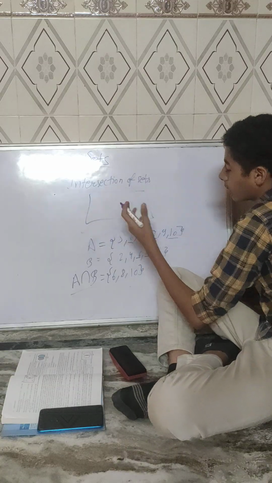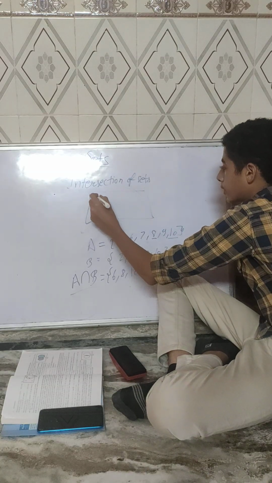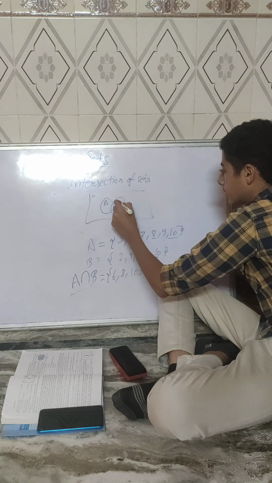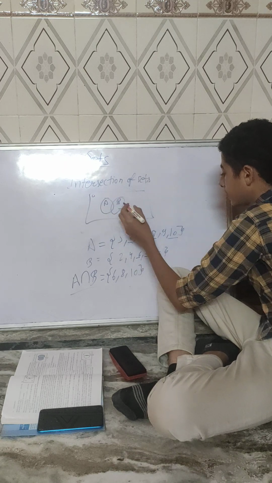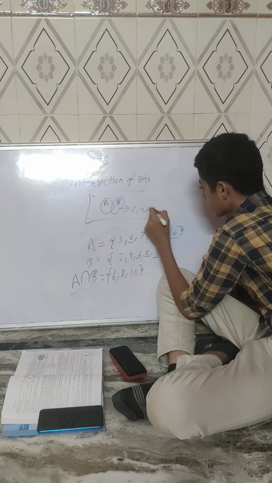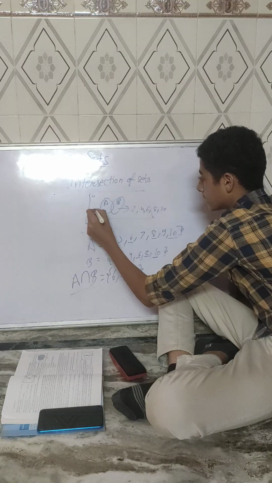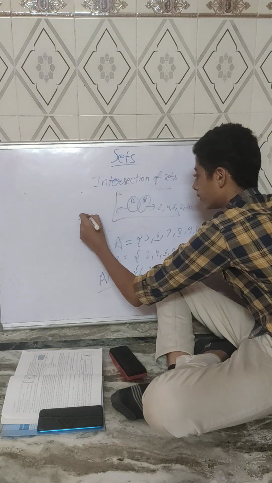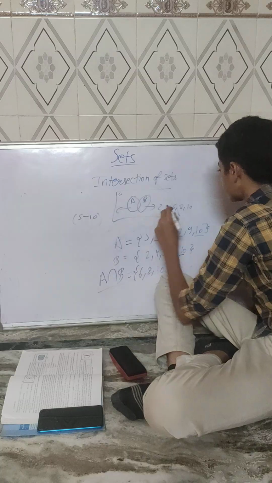So this was our U, here is our set A and here is our set B. Now in set B we have the elements 2, 4, 6, 8 and 10, whereas in set A we have the elements 5 to 10. I am writing in short.